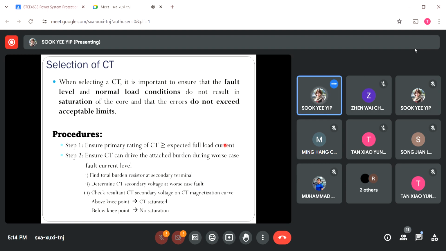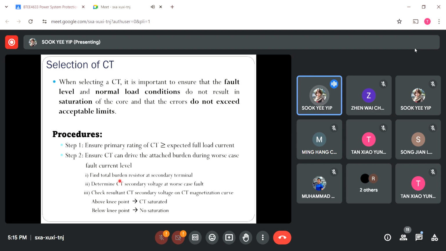That is the first step. The second step: we know that the current transformer will be connected with the burdens, right? We have to ensure that this current transformer is able to work under the worst case situation, which is with fault current flow.